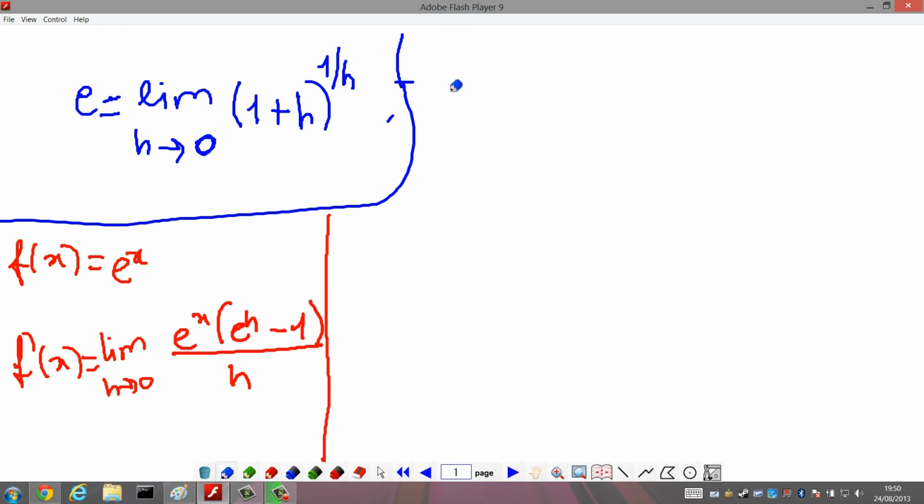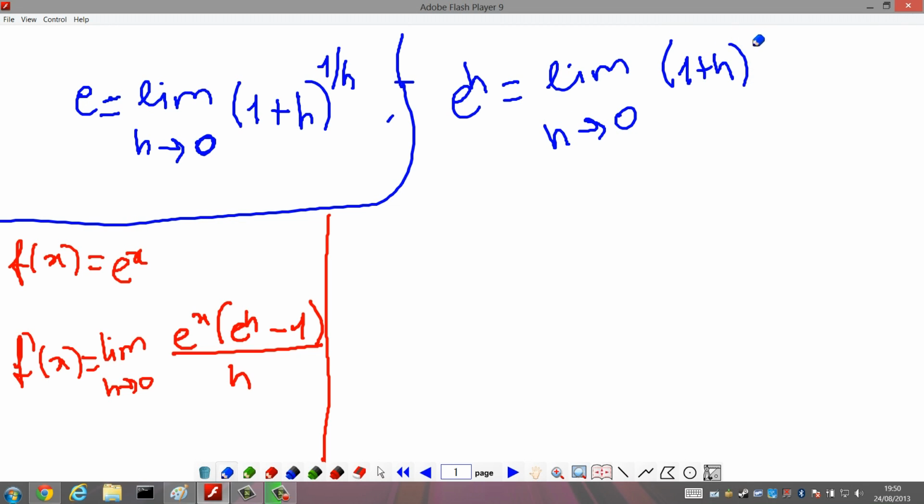Let's say that we raise both members of the equation to the power of h, so making e to the power of h equals the limit as h approaches 0 of 1 plus h to the 1 over h, and now raised to the power of h, as I did here as well.